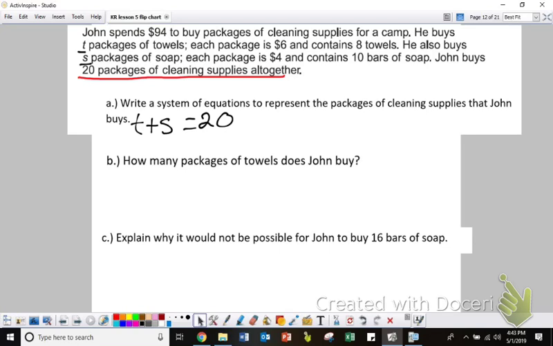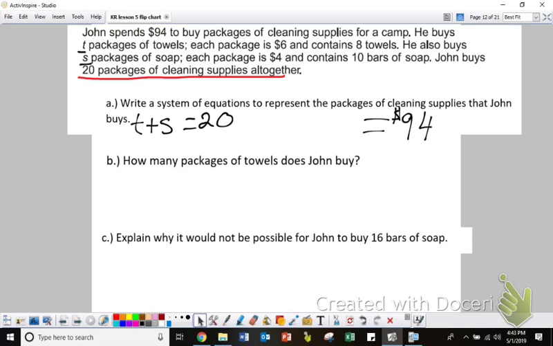That's one equation. Then I have to talk about the other equation, which, again, keeping units together, now I'm not dealing with the packages, I'm dealing with the money. I need to know that my second equation is going to be equal to $94. That's how much he spent. We know that each package of towels is $6. I don't really care about how many towels come in the package. We're not really asked that yet.